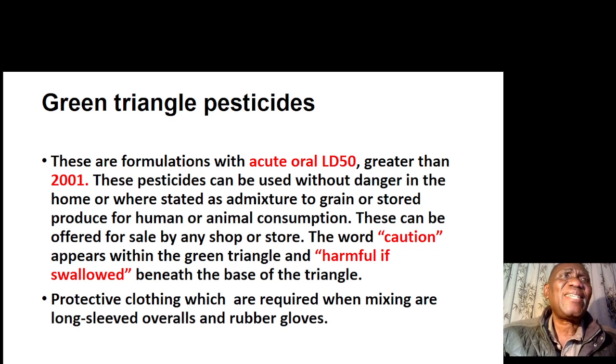The word caution appears within the green triangle, and this phrase, harmful if swallowed, beneath the base of the triangle. You have this information. Now, protective clothing which is required when mixing are long-sleeved overalls and rubber gloves.